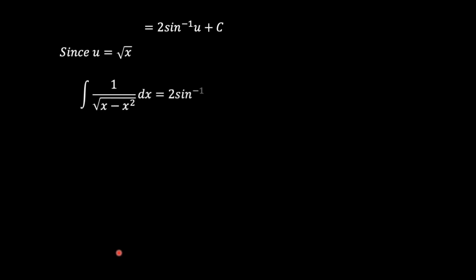And so the intermediate integration there is 2 arc sine u plus the integration constant c. Now, since u is equal to square root of x, then the final integration of 1 over square root of x minus x squared is equal to 2 arc sine of square root of x plus our integration constant. And that is the answer for this problem.